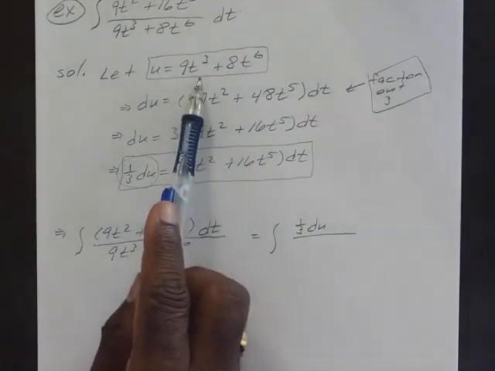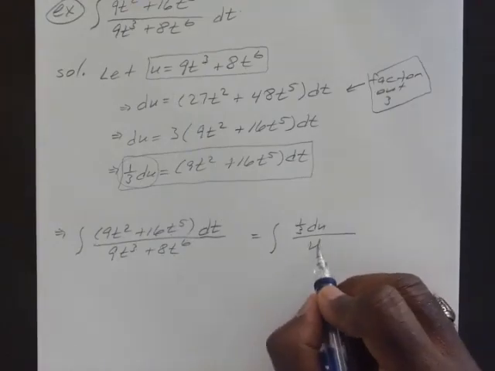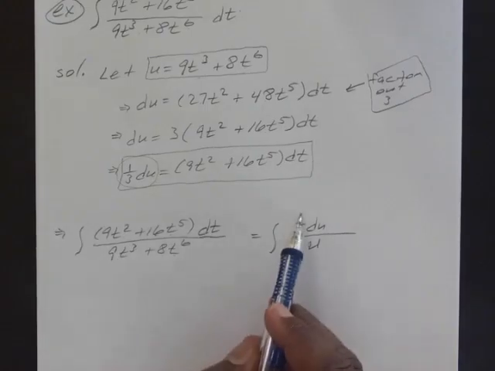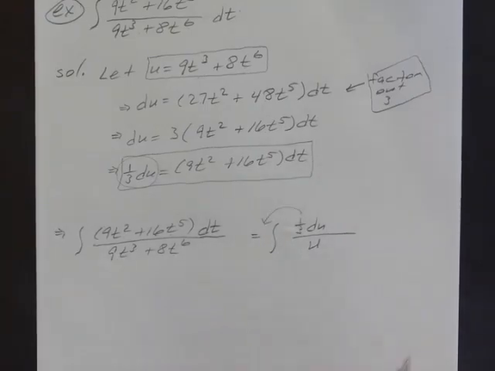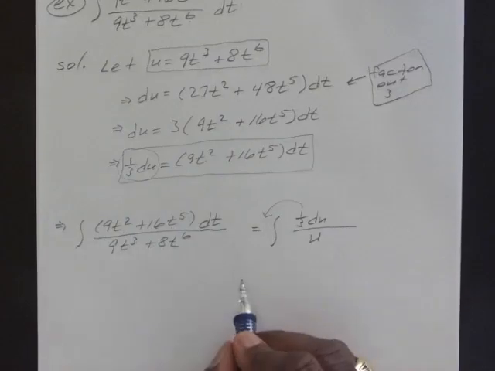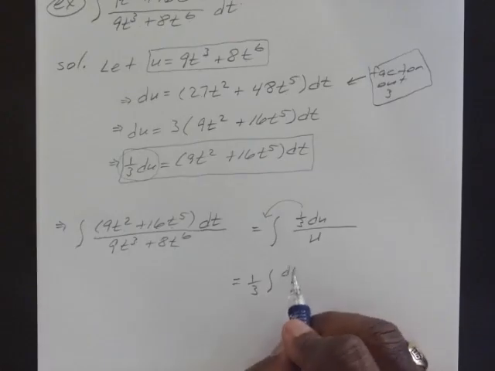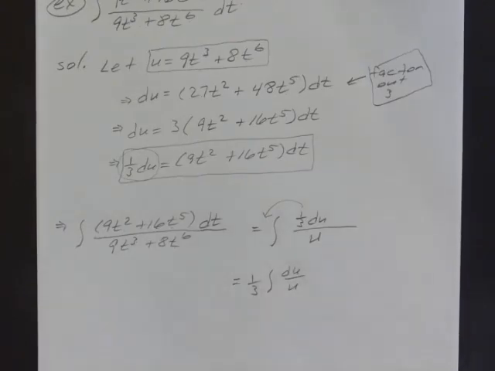We can just replace that with u. Okay, so if we factor that 1/3 right out to the front, that's going to equal 1/3 times the integral of du over u.